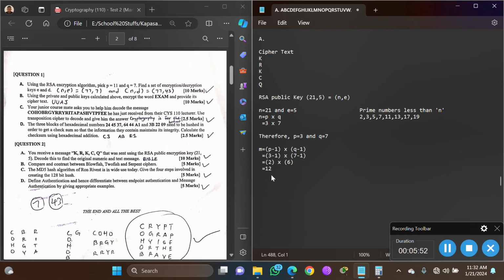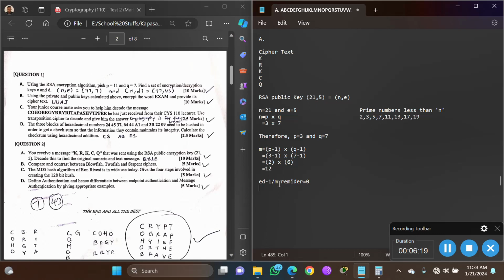So how do we find D? D has a formula which says E times D minus 1, then divide by M. But it has a condition: we must get a remainder equal to 0. In other terms, once you compute this formula, you need to get a whole number, meaning the remainder is 0, not point something.